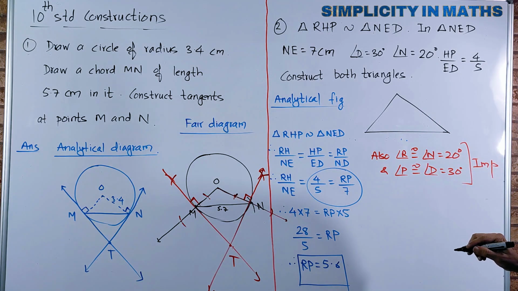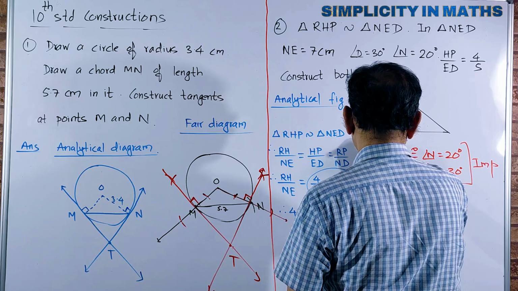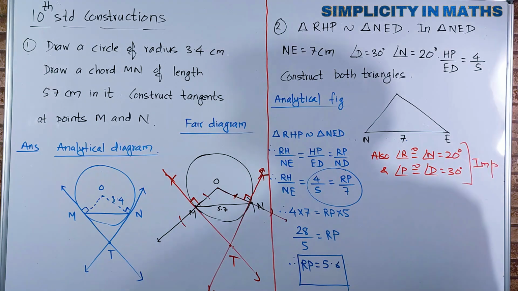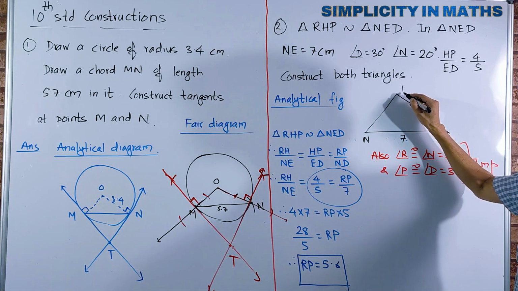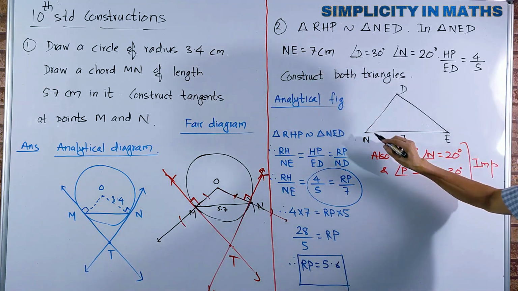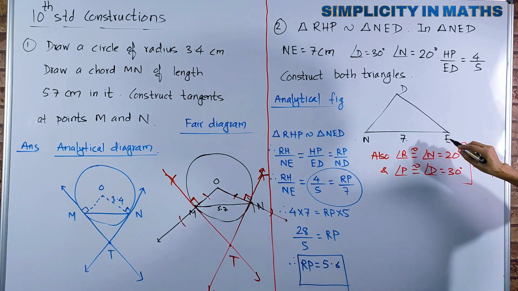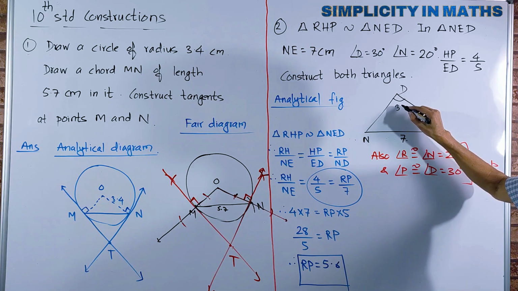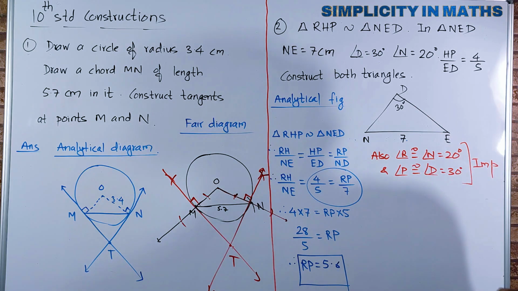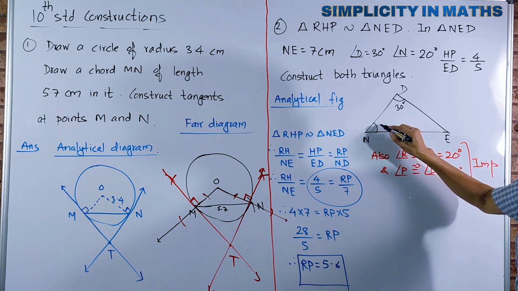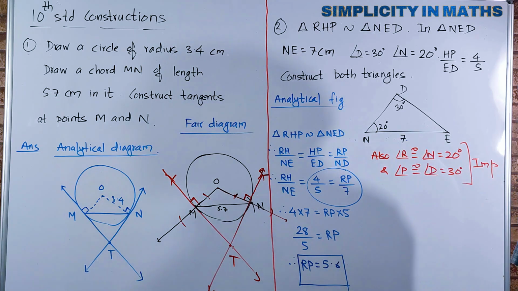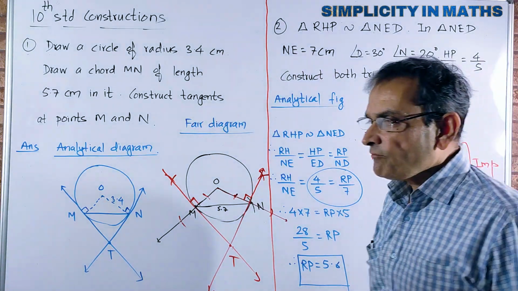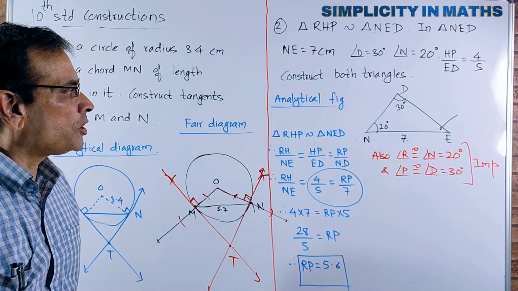It is simpler to take the base as NE. Third point is D. NE is 7, so base I am taking as 7. Angle D is 30. This is a rough diagram. Angle D is 30. Angle N is 20. So you have to first find angle E. After finding angle E, you will be able to draw the diagram properly.